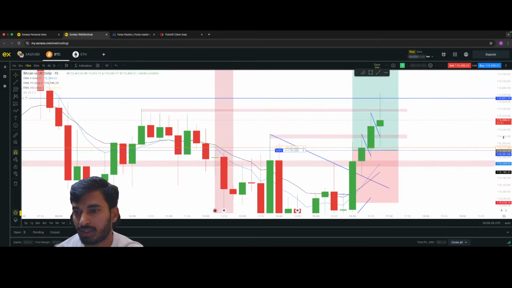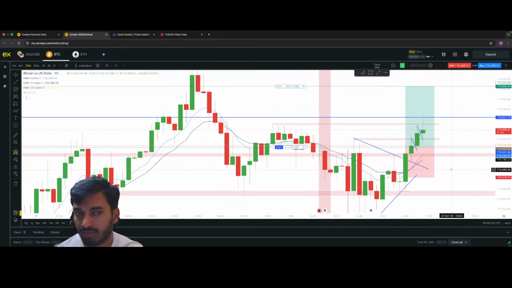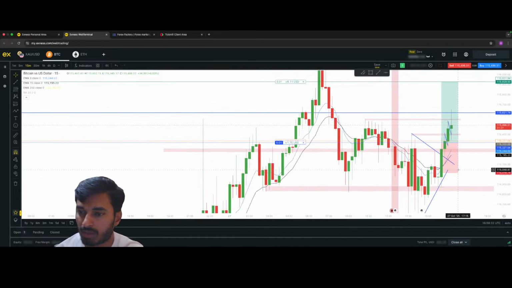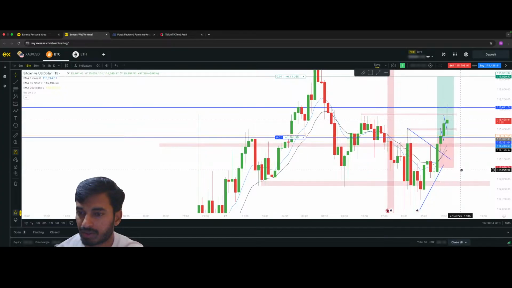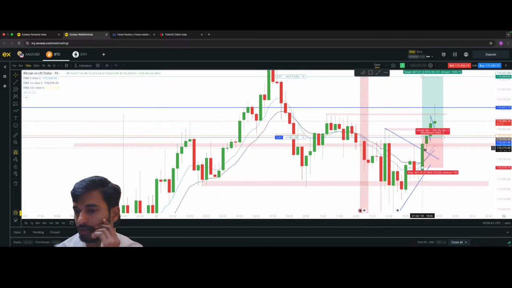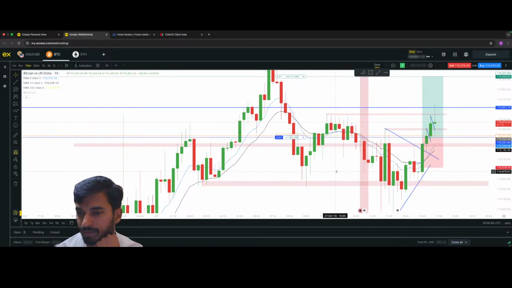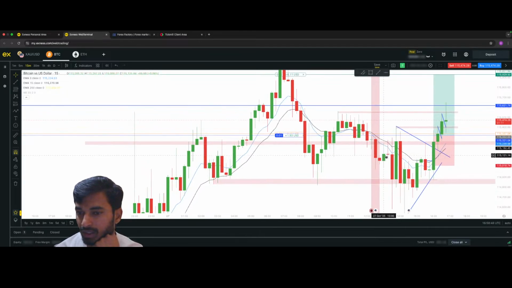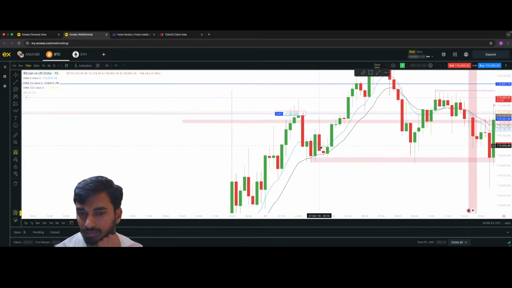And the doji: if a doji comes, then the market may go in the opposite direction. See here it has given a doji, the market is moving opposite. When red doji, then up. Again you can see green doji, then down. Red doji above.